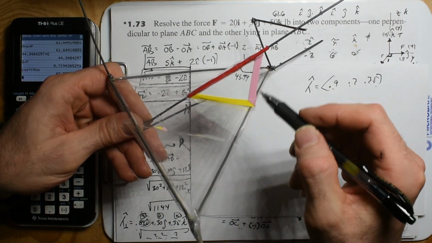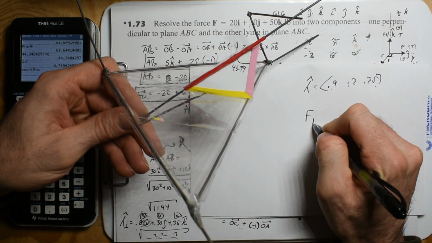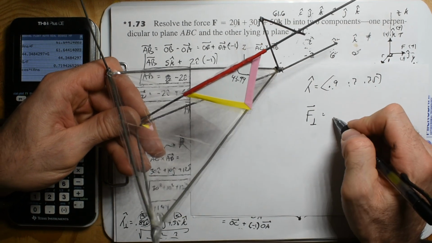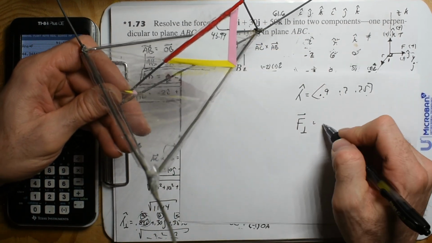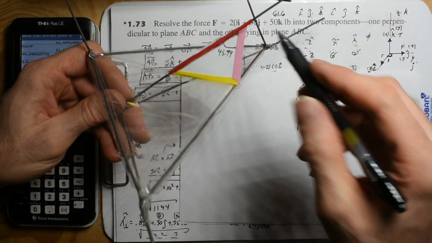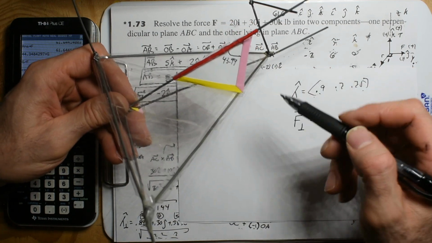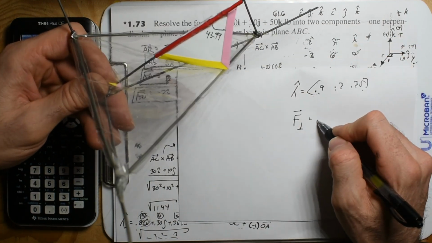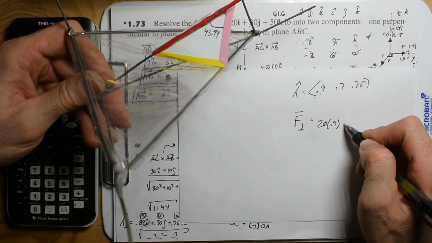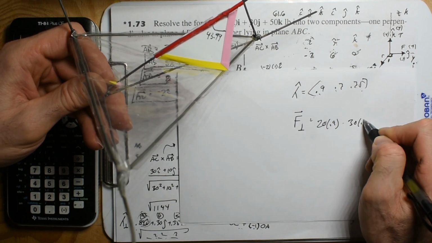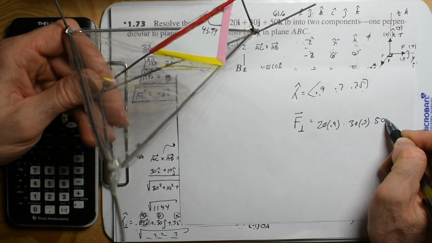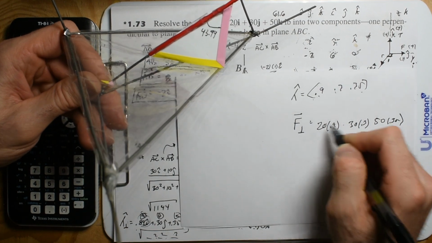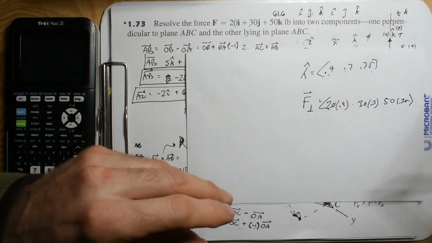And so the perpendicular force is going to be the magnitude of F times the unit vector in that direction. So we have 20 times 0.9, 30 times 0.3, and 50 times 0.35. And those are going to be the components. So hell yeah, let's do that.